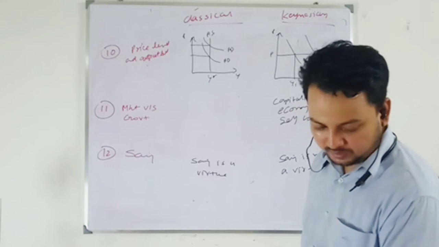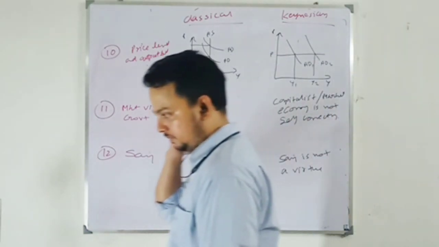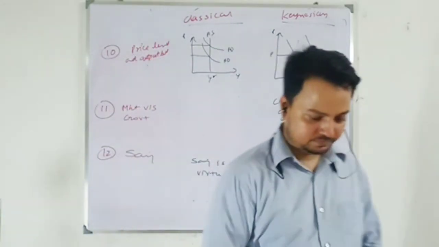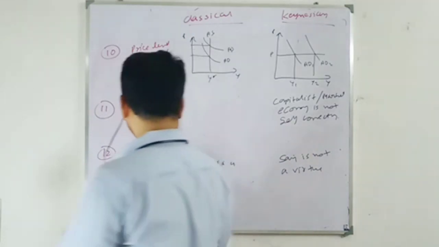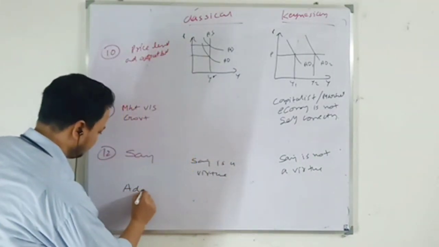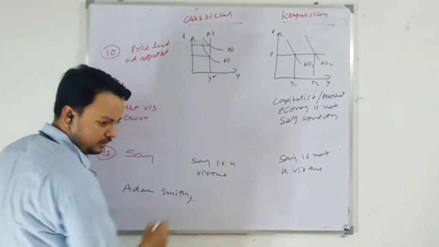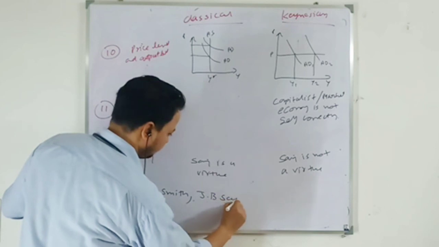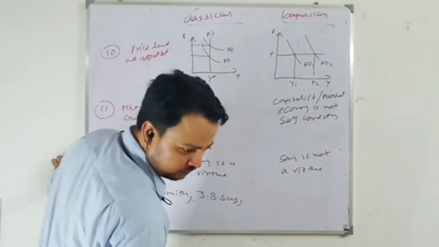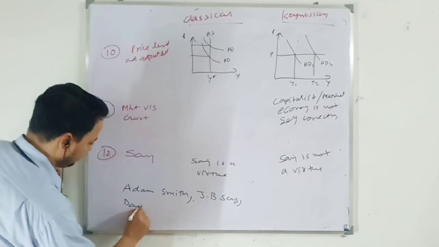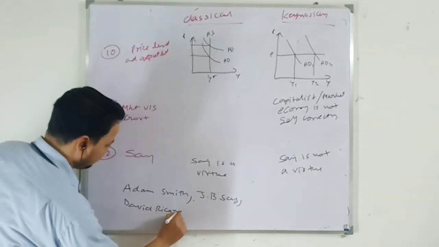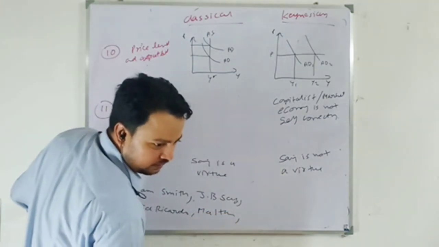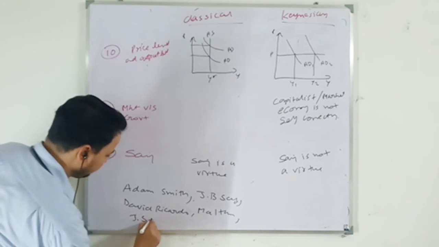Classical theory is based on the ideas of several economists, like Adam Smith, J.B. Say, David Ricardo, Malthus, and J.S. Mill.